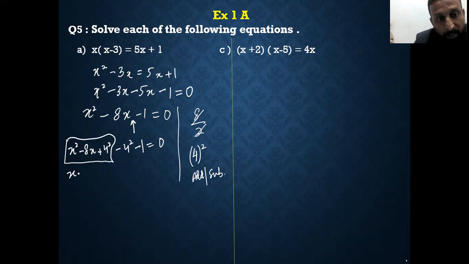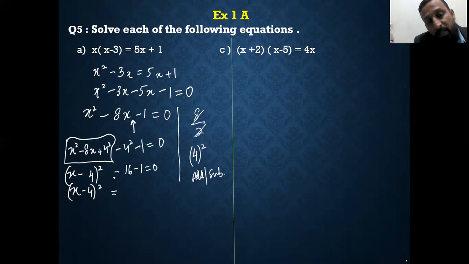So we have x minus 4 the whole square, and negative 4 squared means negative 16, negative 1 equals 0. So we have now x minus 4 the whole square equals to 16 and negative 1 makes 17. When it moves on the other side, it becomes positive 17.